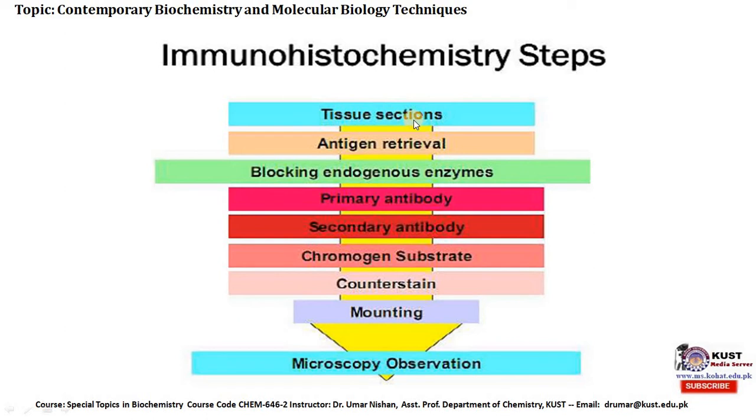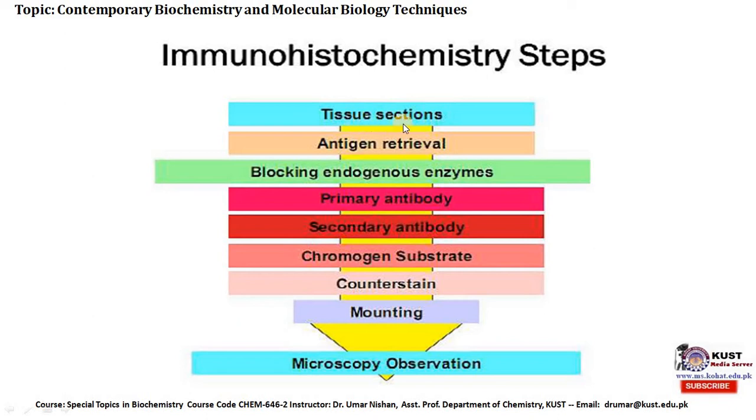The tissue sections are prepared with the help of a microtome, or in another case, if we go for cryosectioning, we can also get tissue sections. So preparing tissue sections is the first step for conducting an immunohistochemistry experiment.